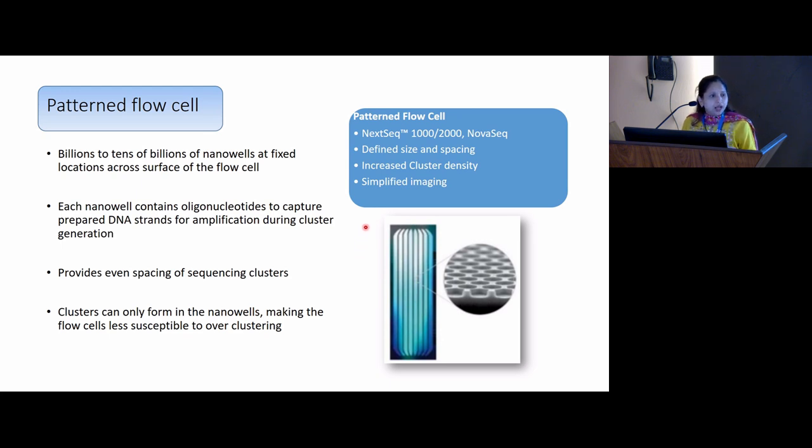In between the nanowells there are void spaces in which no oligonucleotides are present, so cluster generation will not happen on those void spaces. Cluster generation will happen only inside the nanowells, which makes the flow cell less susceptible to over clustering.